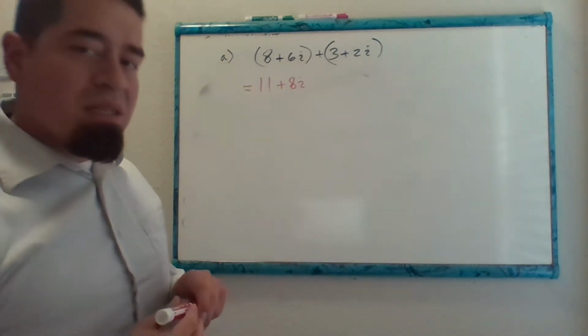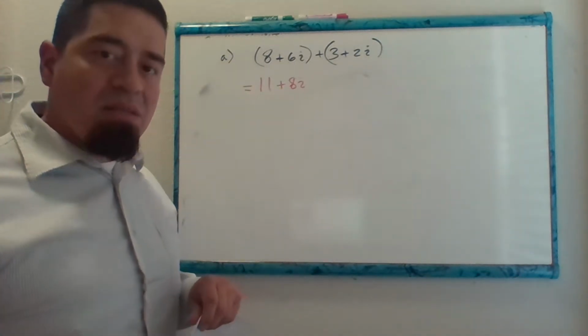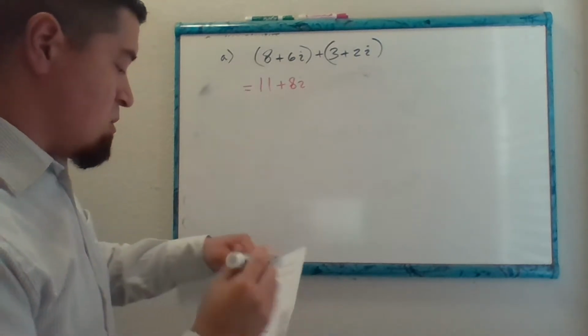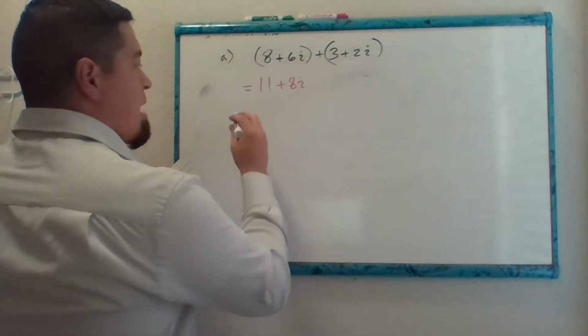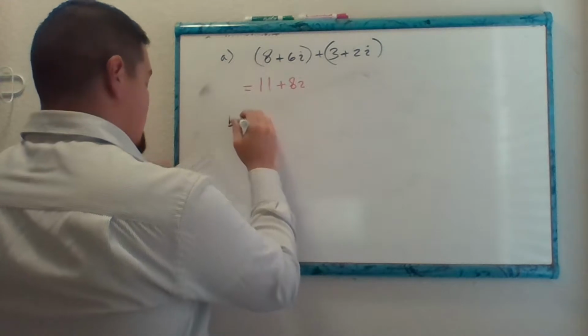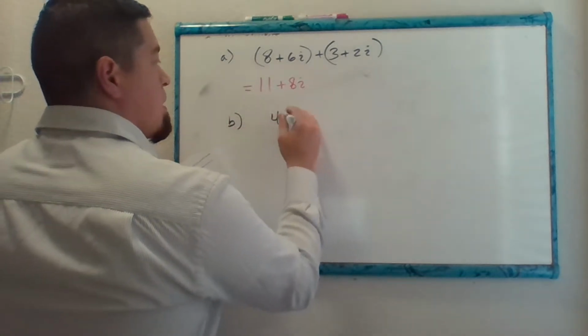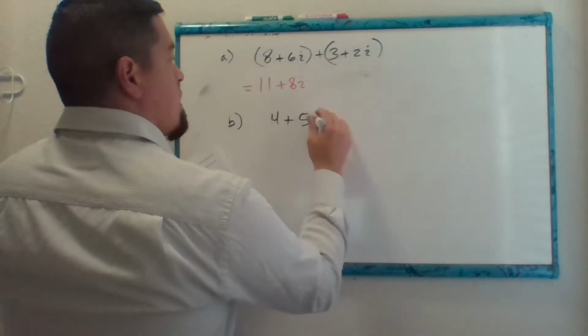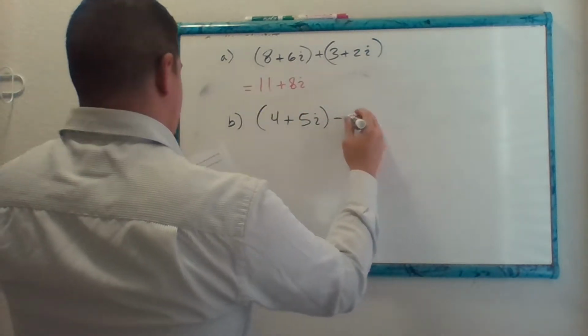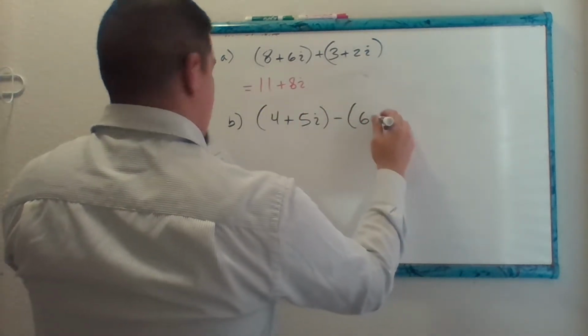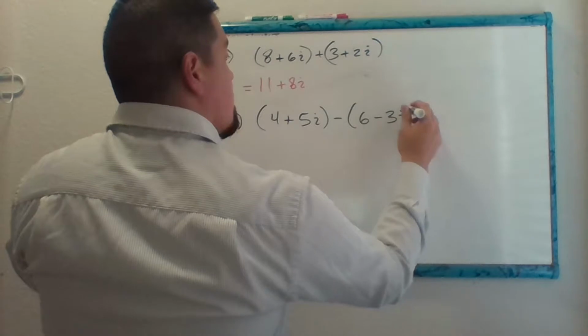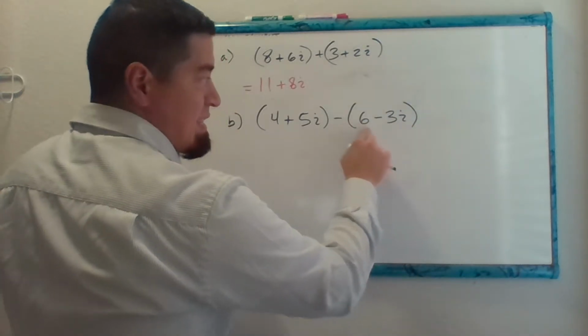So the addition is not that bad, and neither is the subtraction, but there's one thing on the subtraction that I see commonly as a mistake that students make, and that mistake is with the minus here. You don't want to just subtract 6.